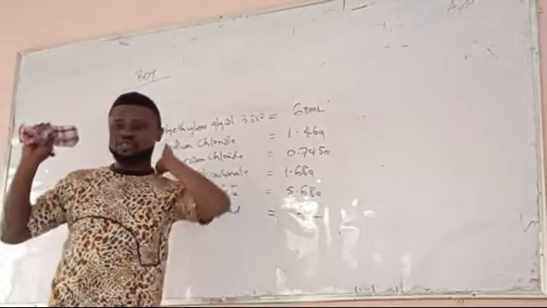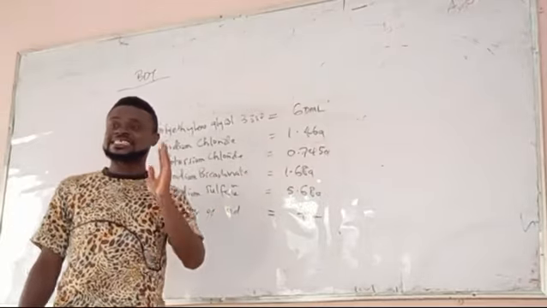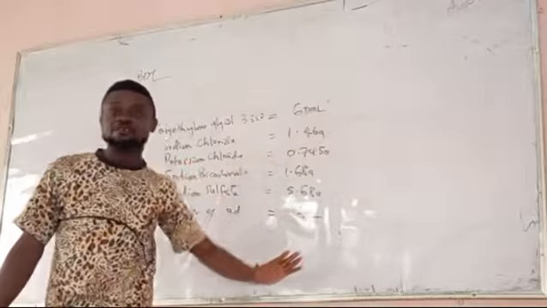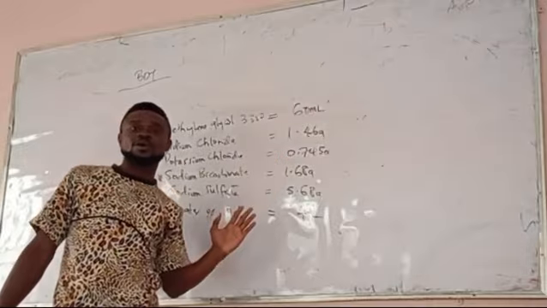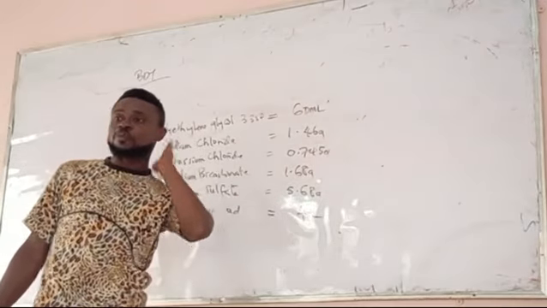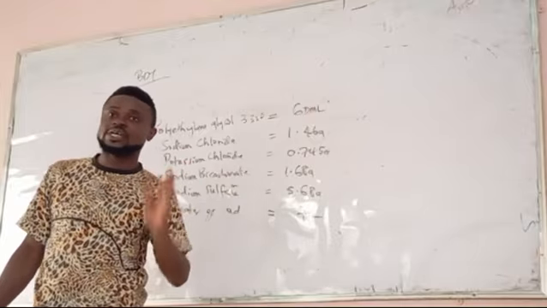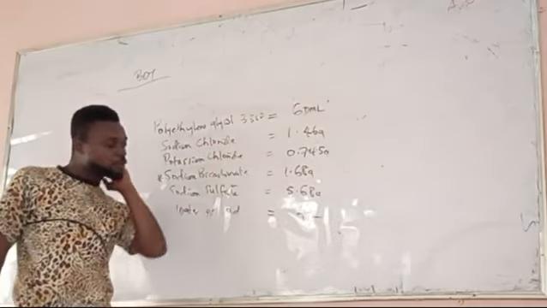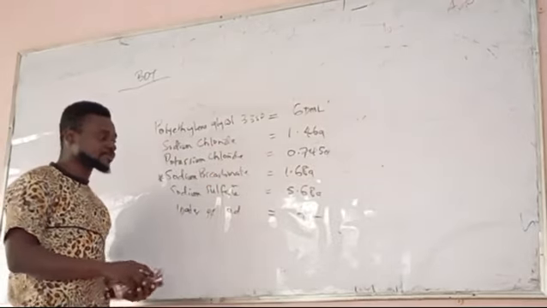It's simple, just go straight and solve. If it is theory, you start doing proportion for everything, but this one is objective. Go straight to the point, get your answer and go your way. Don't waste your time. That's why I picked sodium bicarbonate and I'm going straight.